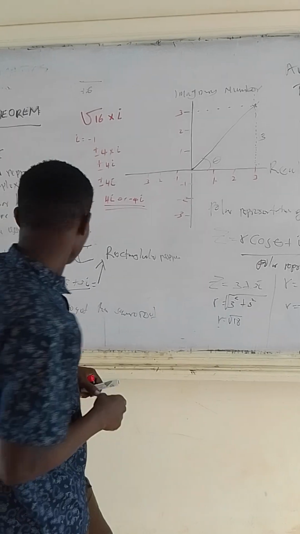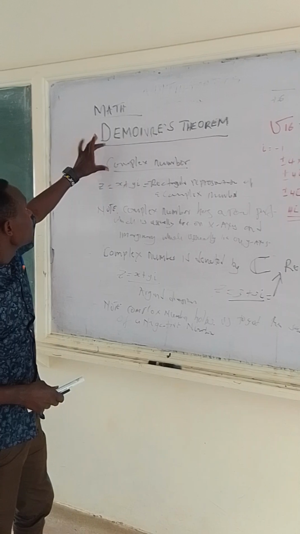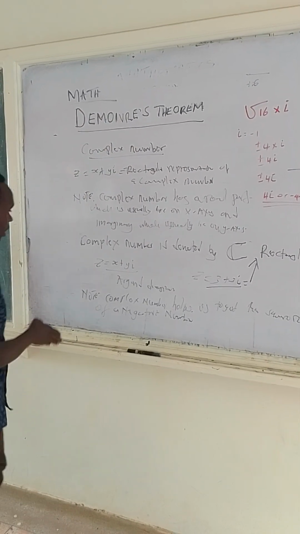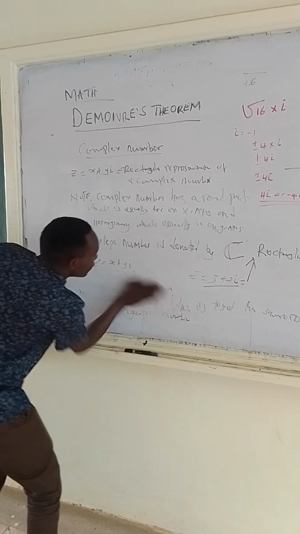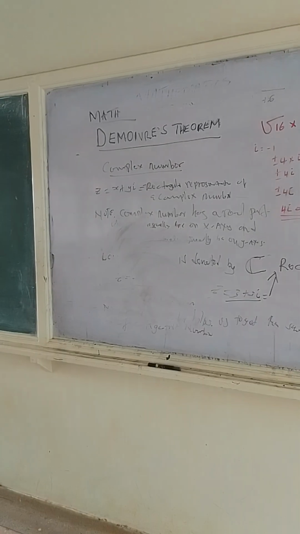So now I'm going to show you how we can use De Moivre's theorem with complex numbers.